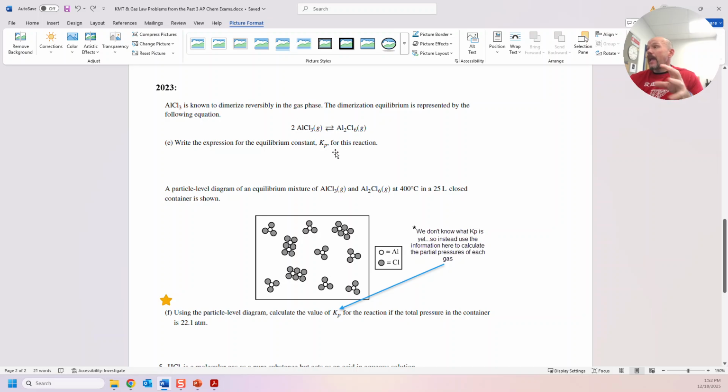Now, the way we write the KP expression is we say KP equals, and it always goes products over reactants, and the coefficient becomes an exponent. So let me show you what I mean.